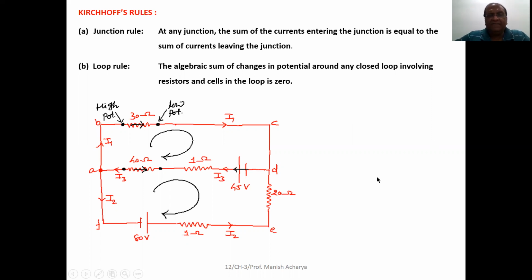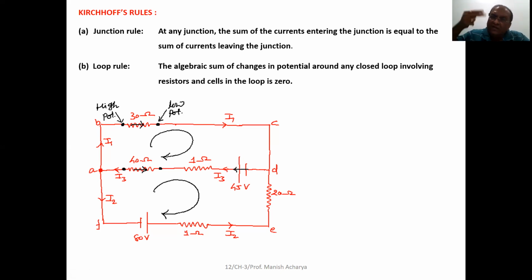Now see here, this particular network given to you. In this particular network, there are two junctions. One junction is A and the second one is D. Because see, at A, this 30 ohm resistor is connected, this 40 ohm resistor is connected, and this 80 volt battery is connected.